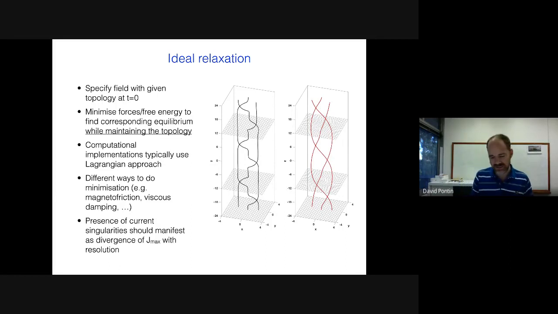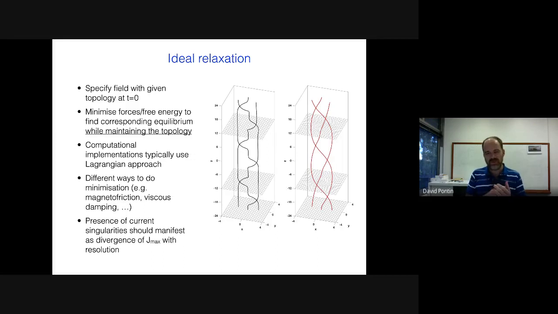So generally, these simulations could be described as an ideal relaxation simulation. The philosophy of that approach is that you choose a topology that you're interested in. Maybe it's got tangled field lines. You specify a field with that topology at t equals 0. That's not going to be an equilibrium field, but you now want to minimize the forces or the free energy in your simulation to find a corresponding equilibrium while maintaining the topology.